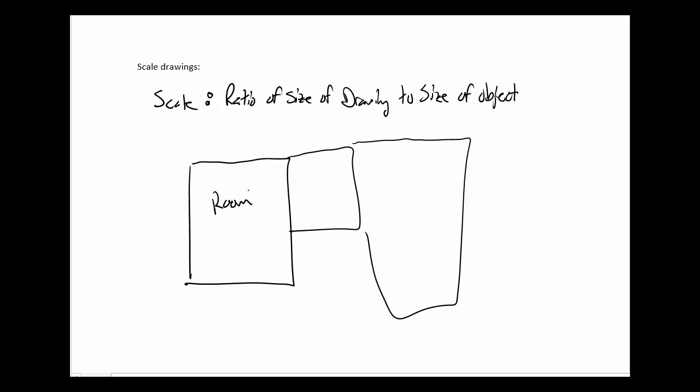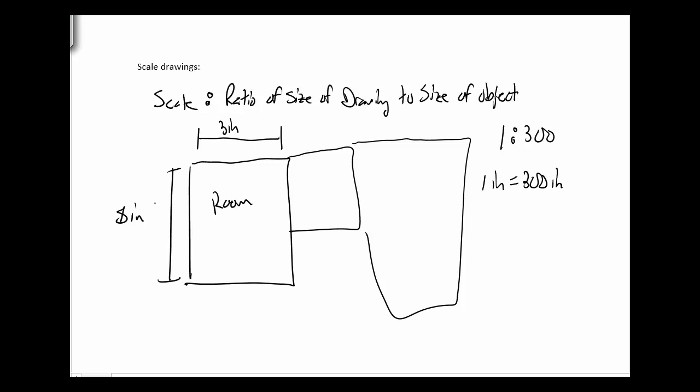So let's say our scale is 1 to 300, meaning 1 inch is equal to 300 inches in actual living room space. So if I measure this out, let's say this measures 3 inches by 8 inches, how big is the actual room that we're looking at?